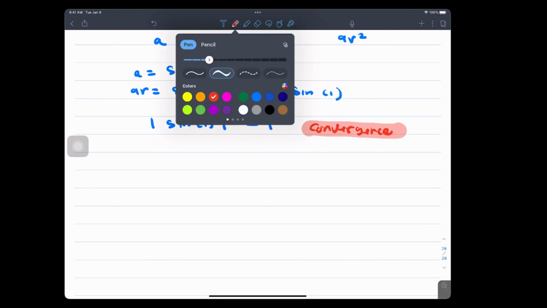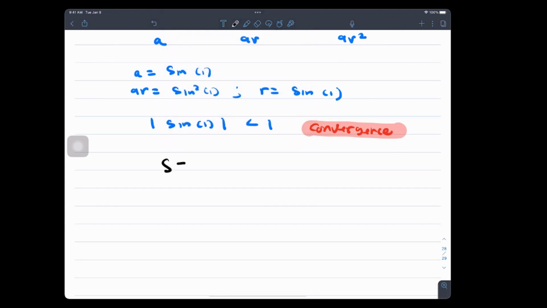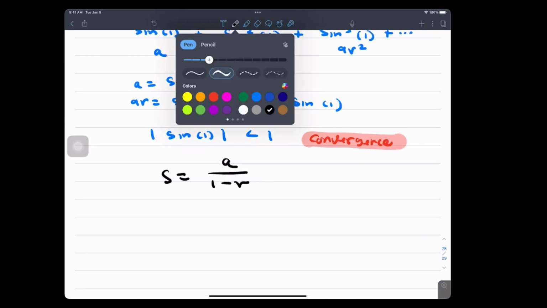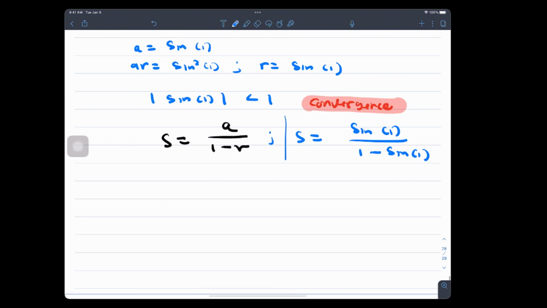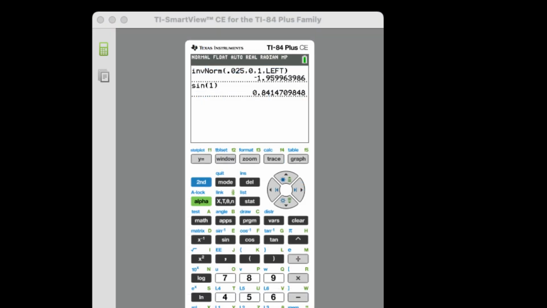Now, you might say, but Mr. Judge, you have not been putting what the sum is. Well, okay. What's this sum going to be then? The sum is going to be sine of 1 over 1 minus sine of 1. So even in my calculator, I can find out that infinite sum.